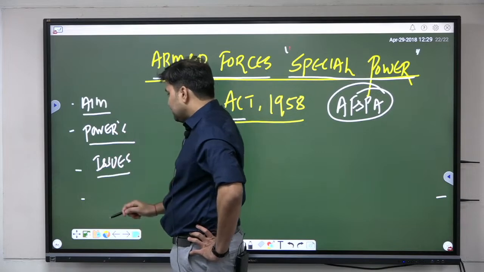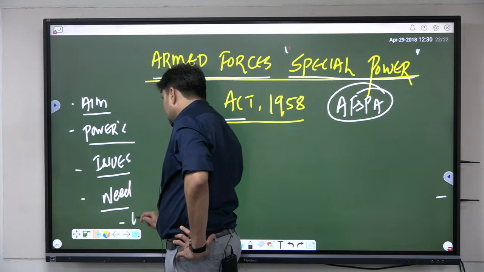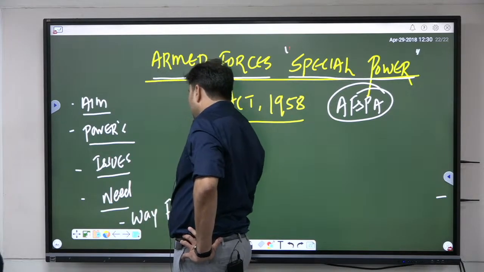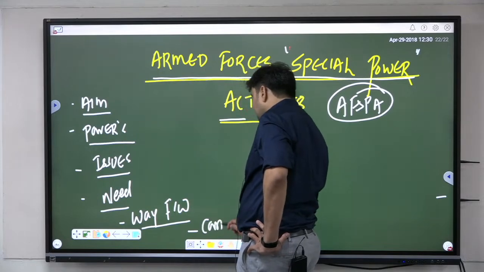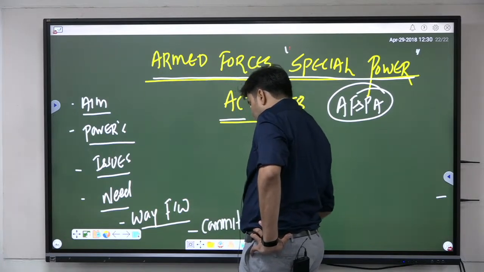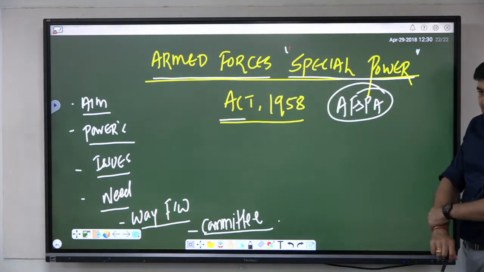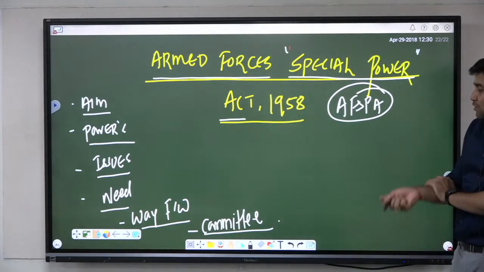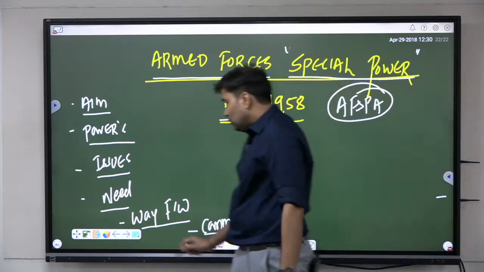Third is issues, need of it, and way forward. If you want, we are going to write different committees and their observations with respect to AFSPA. Aim, powers, issues, need, way forward, and the different committees. Is it clear? Now don't write anything, just listen.